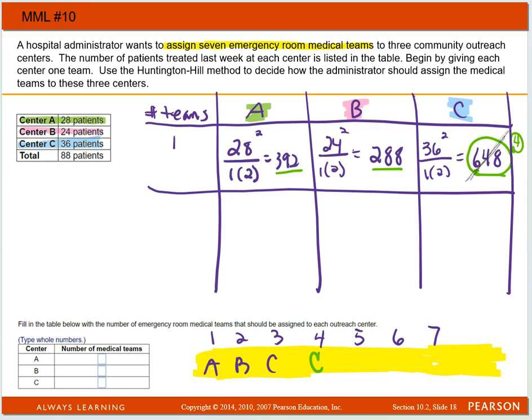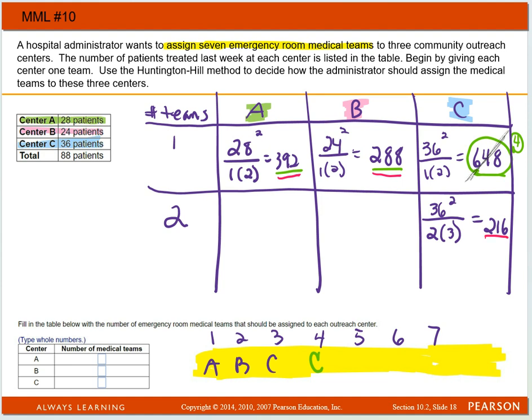So I have to calculate the next Huntington-Hill number for center C. We're now on to their 2nd team, which means it's 36 squared divided by 2 times 3, because they're looking for a 3rd team. When I do that, I get 216.